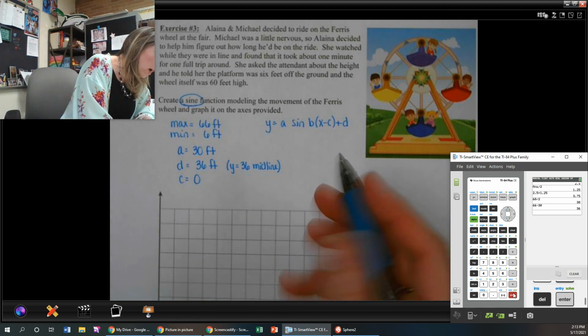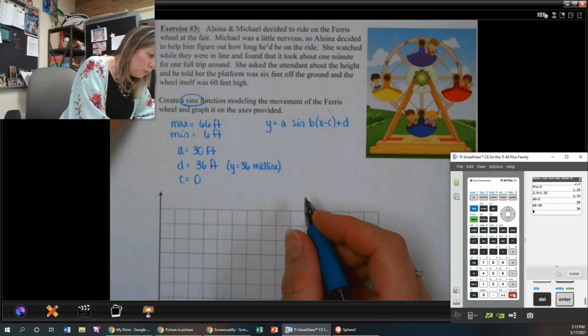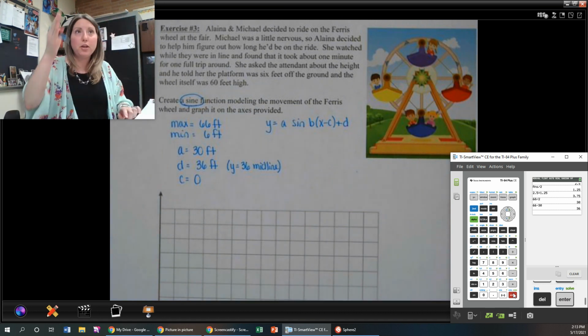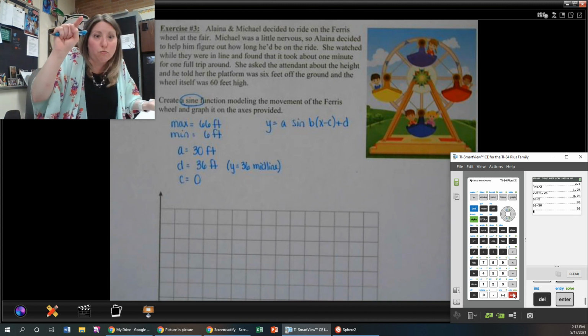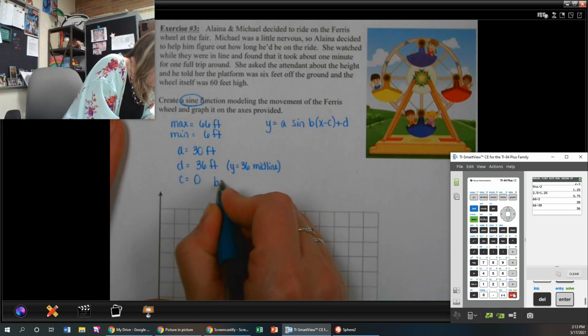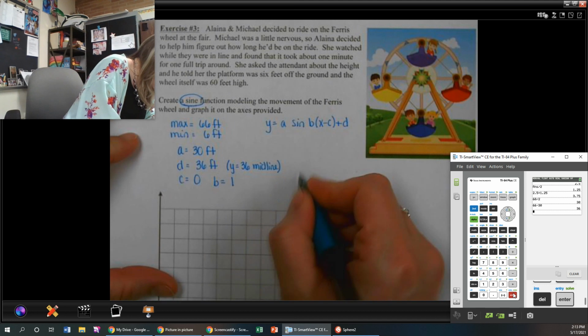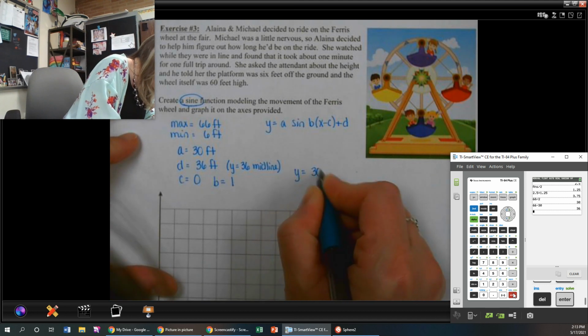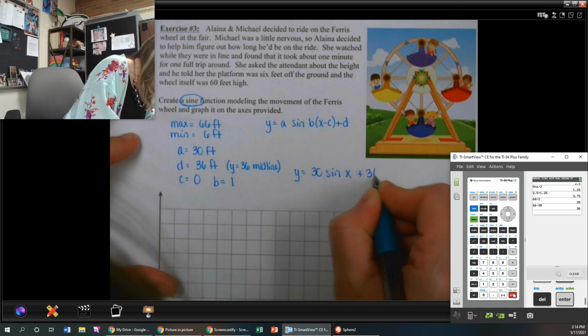One full trip around is 1 minute. So if we're starting at the midline, because that's where sine would start, then going around in 1 minute gets you the full sine curve. So there would be a frequency of 1, which is a B value of 1. Let's plug that stuff in. We get y equals 30 sine x plus 36.